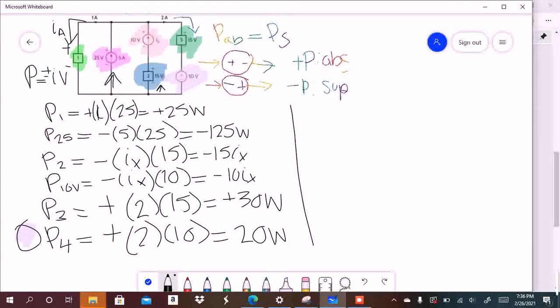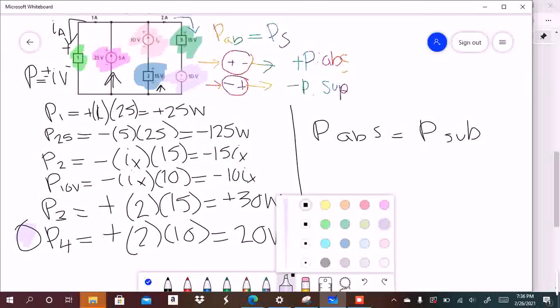Now that we have the power through all of the voltage sources, we're going to apply it. So power absorbed is equal to power supplied. So power absorbed, I'm going to highlight it in pink.